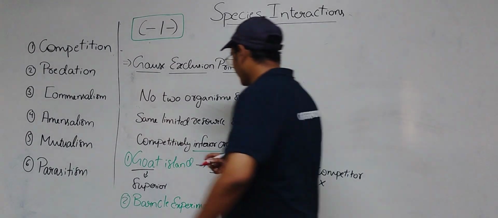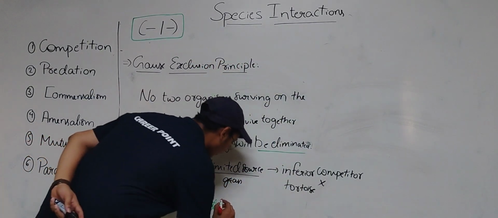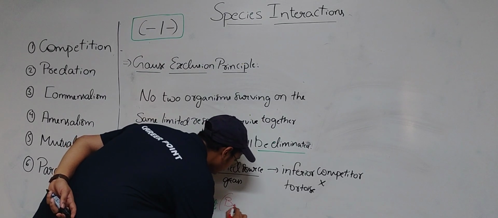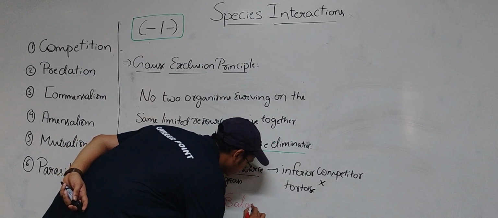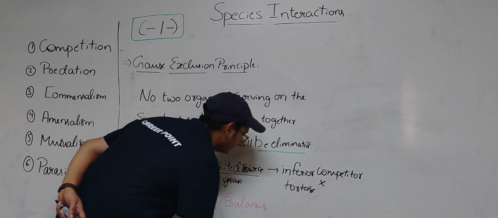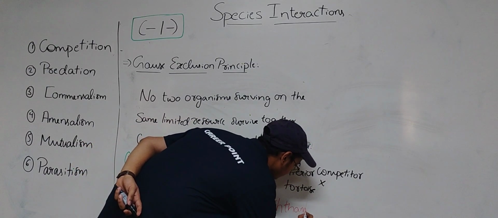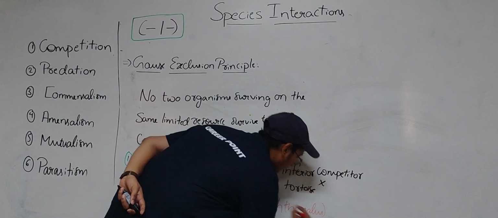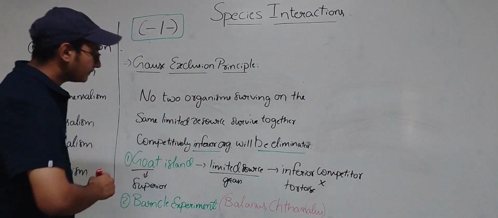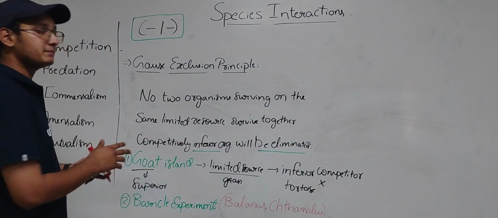So there are two different kinds of barnacles present on whales: Balanus and Chthamalus.